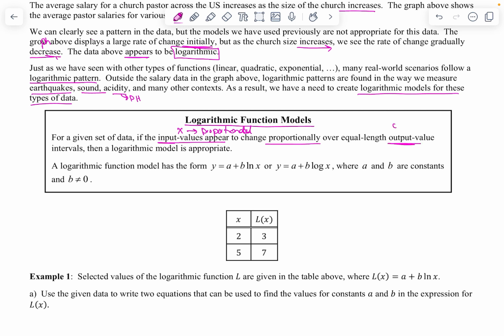So the y values are equal length. Remember, this is the inverse of exponentials. Then a logarithmic model is appropriate.